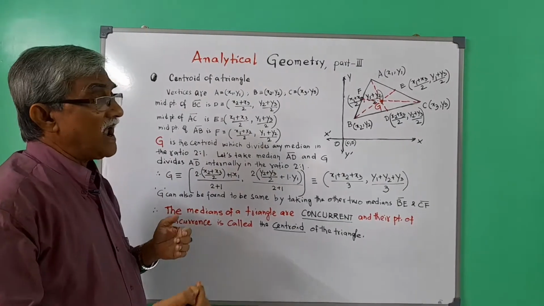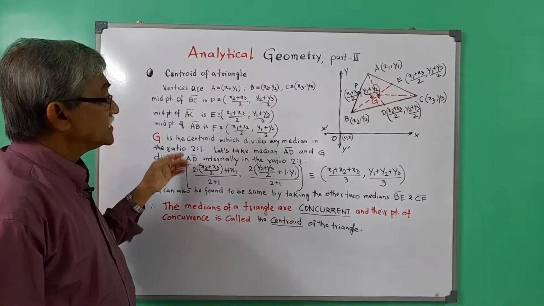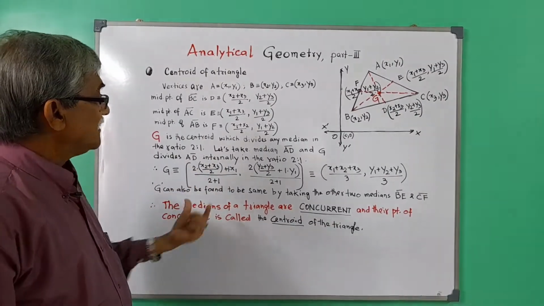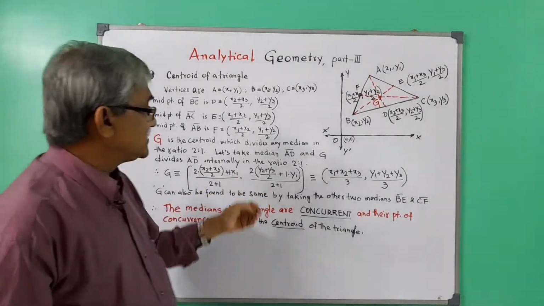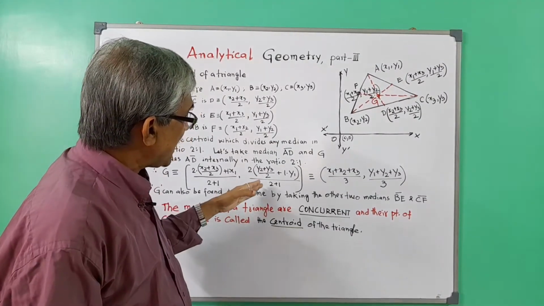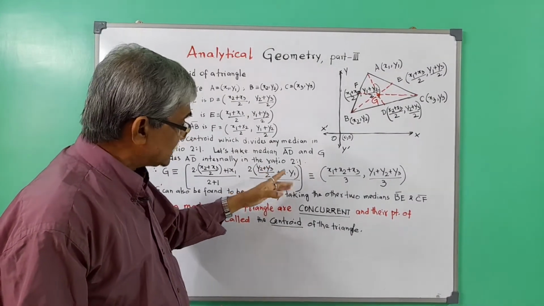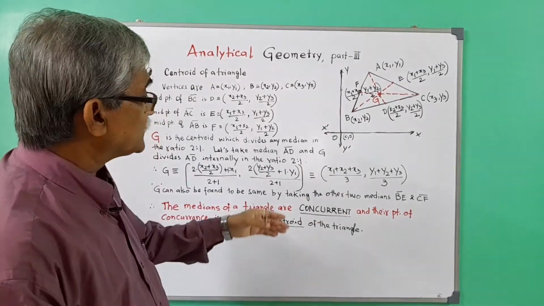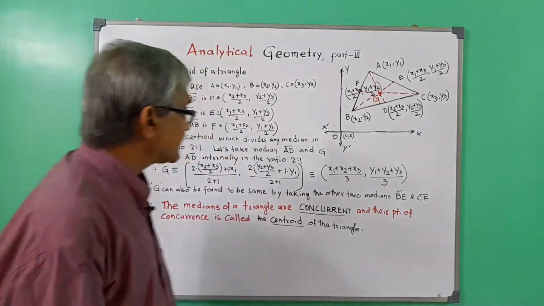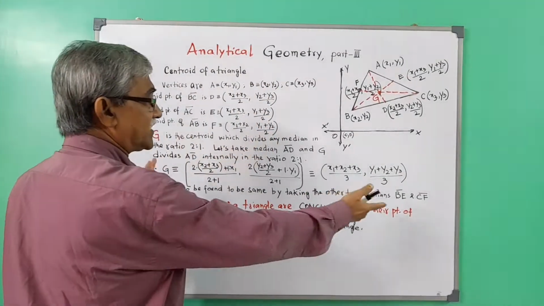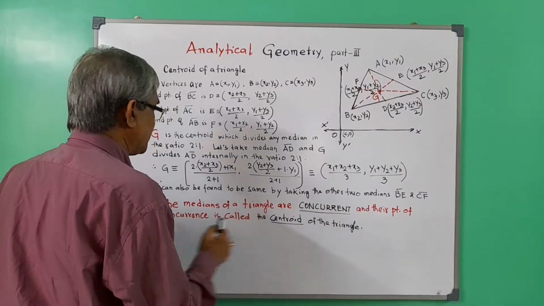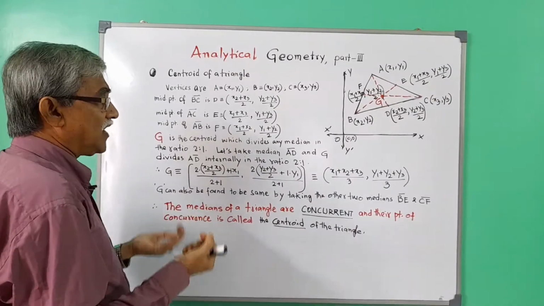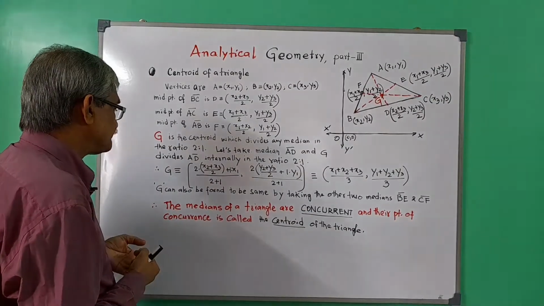Therefore, according to the section formula, G is (2 times (x2 + x3)/2 + 1 times x1) divided by (2 + 1), and similarly for y, which comes down to ((x1 + x2 + x3)/3, (y1 + y2 + y3)/3). It is very easy to remember: just three additions, divided by 3.